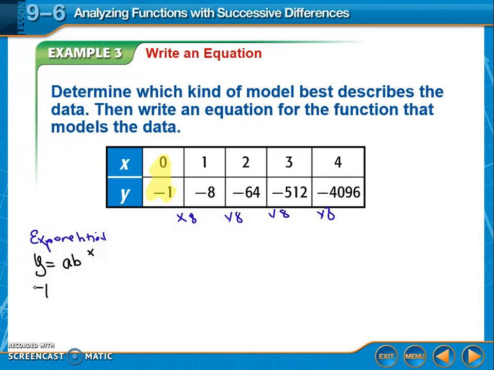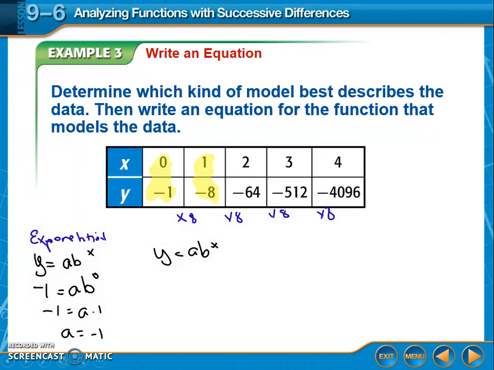So I put in -1 for y, a and b I don't know, and I put in 0 for x. But anything to the power of 0 is 1, so I get -1 equals a times 1. So a is just going to be -1. Now I know a, and I need to find b. So I'm going to pick another point, so I'm going to use this one, and I want to plug that in. Y equals a b to the x.